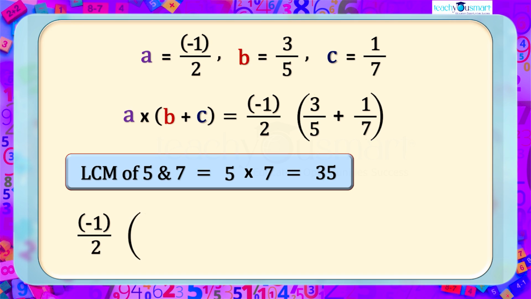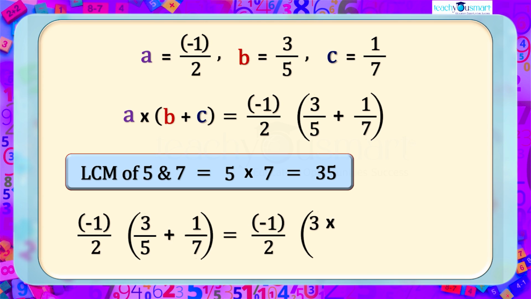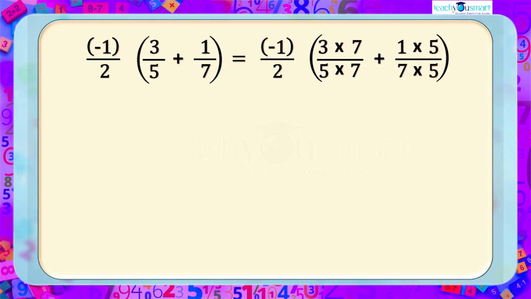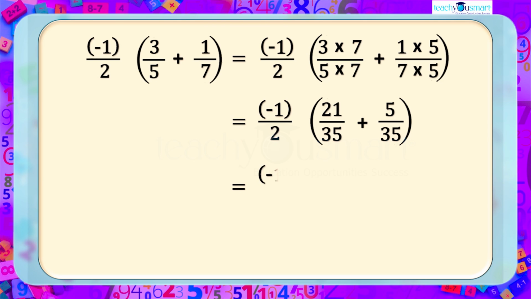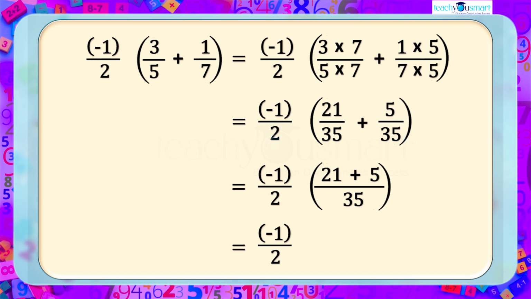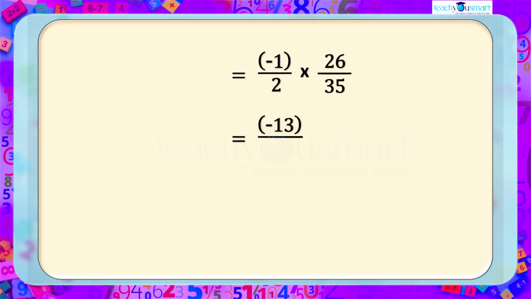So minus 1 by 2 multiplied by (3 by 5 plus 1 by 7) equals minus 1 by 2 multiplied by (3 into 7 by 5 into 7 plus 1 into 5 by 7 into 5) equals minus 1 by 2 multiplied by (21 by 35 plus 5 by 35) equals minus 1 by 2 multiplied by (21 plus 5) divided by 35 equals minus 1 by 2 multiplied by 26 by 35 equals minus 13 by 35.